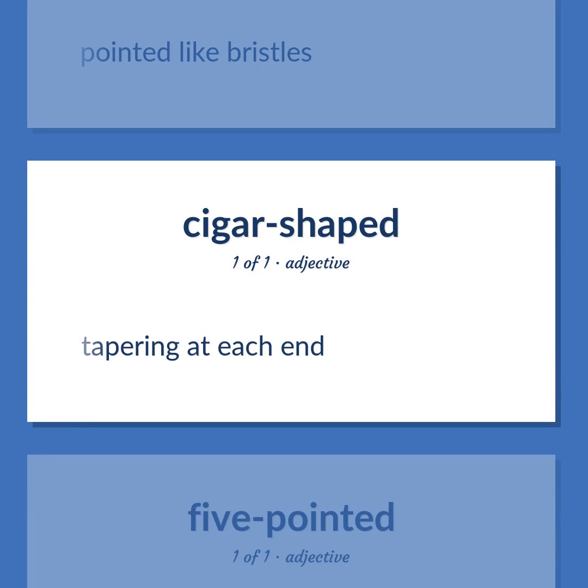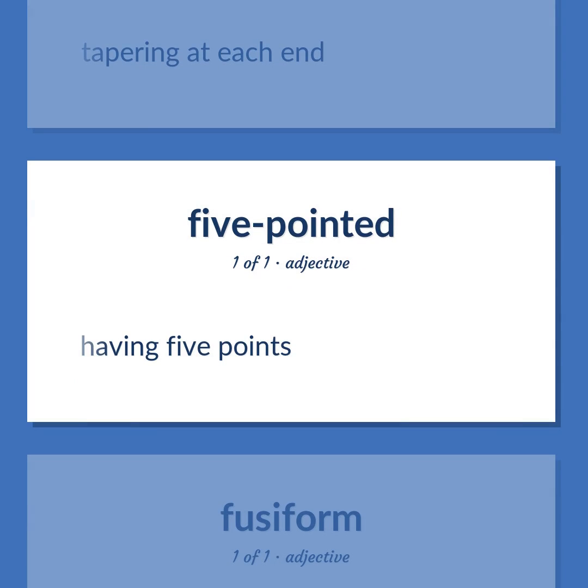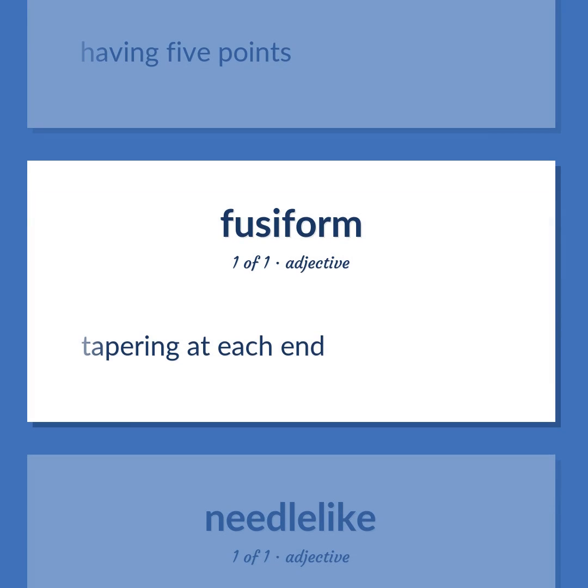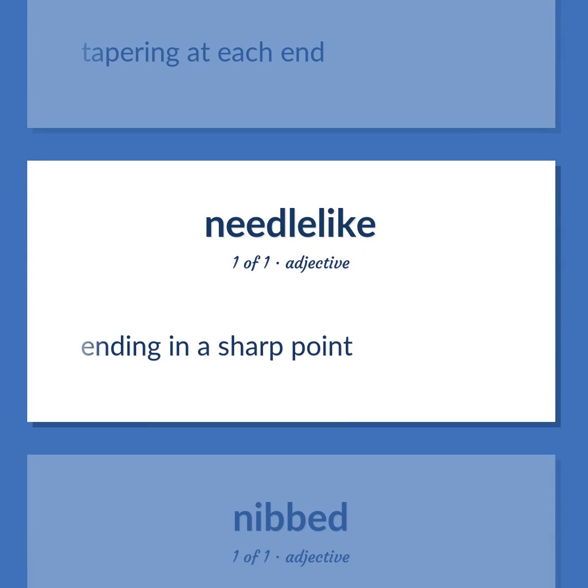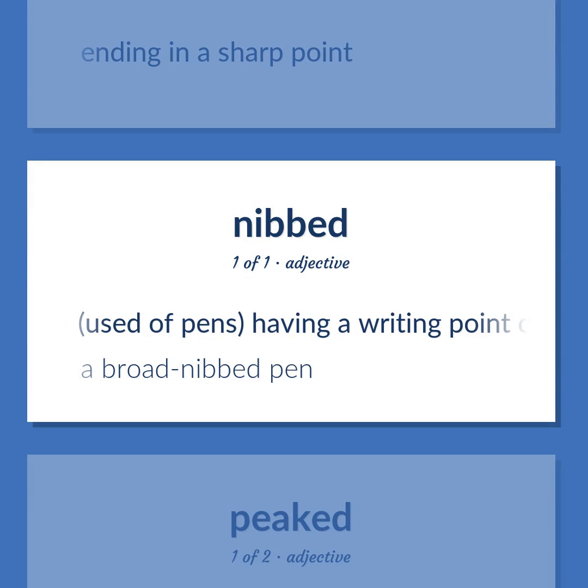Tapering at each end. Having 5 points. Tapering at each end. Ending in a sharp point. Used of pens, having a writing point or nib especially of a certain kind. A broad nibbed pen.